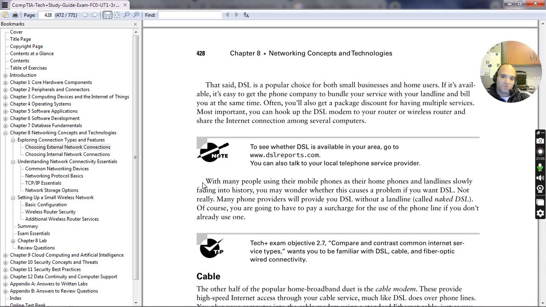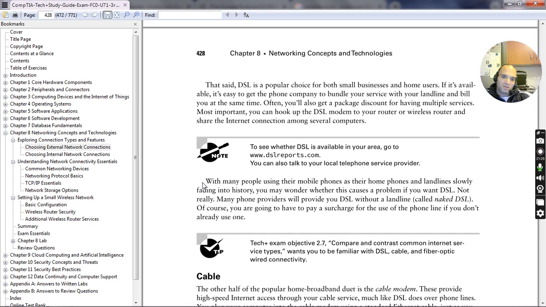Of course, you are going to have to pay a surcharge for the use of the phone line if you don't already use one.